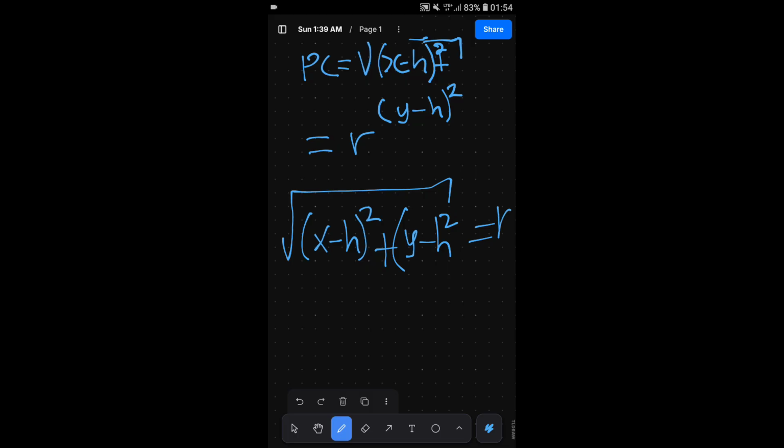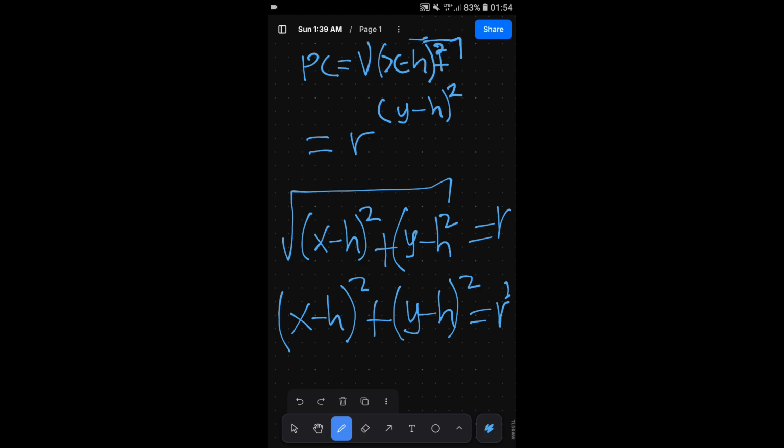Now, if we square both sides of this equation, the square cancels the square root, so that square root vanishes, and we will be left with (x minus h) squared plus (y minus k) squared equals r squared.